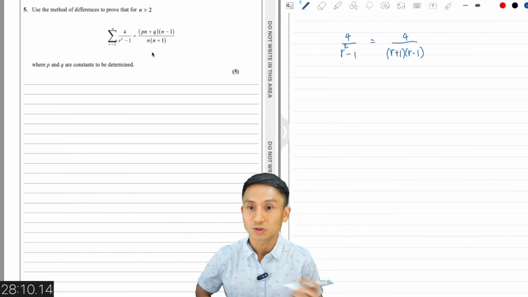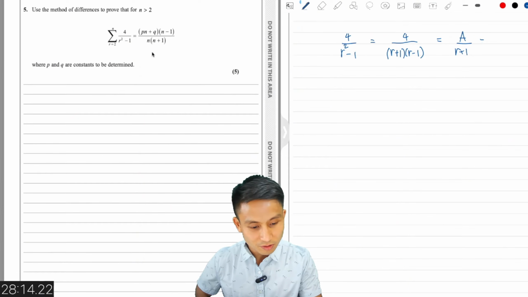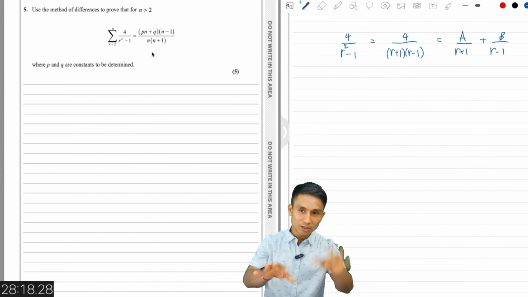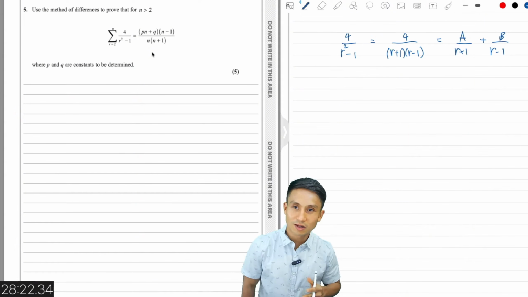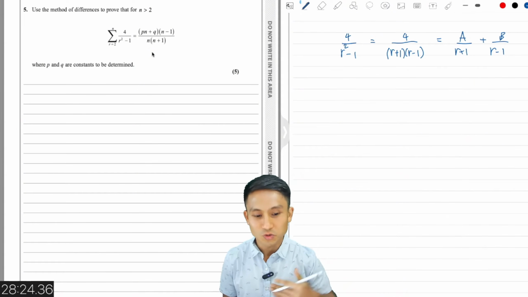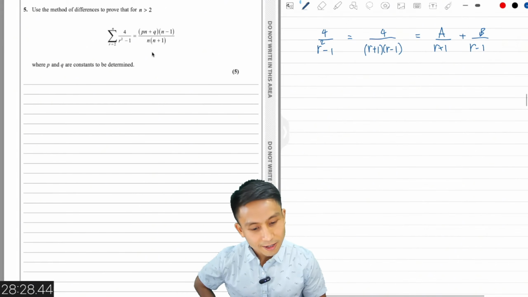Yeah, it's the difference of squares. And you can put it to a over r plus 1, plus b over r minus 1 like that. And then once you get the two partial fractions, you can put it back, and then you can do some substitution work to see the pattern, and get the series.